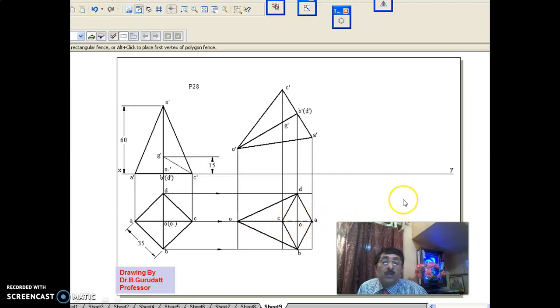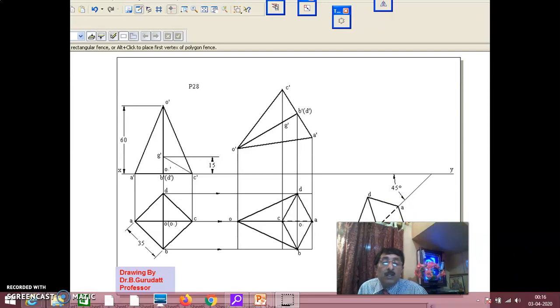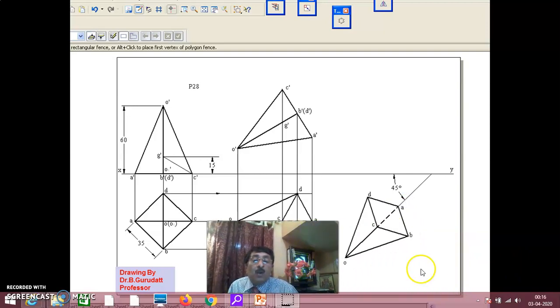Show the axis also. Now in the third stage, what they say is the top view of the axis is inclined at 45 degrees to VP. That means copy and rotate in such a way that the top view of the axis is inclined at 45 degrees to VP.